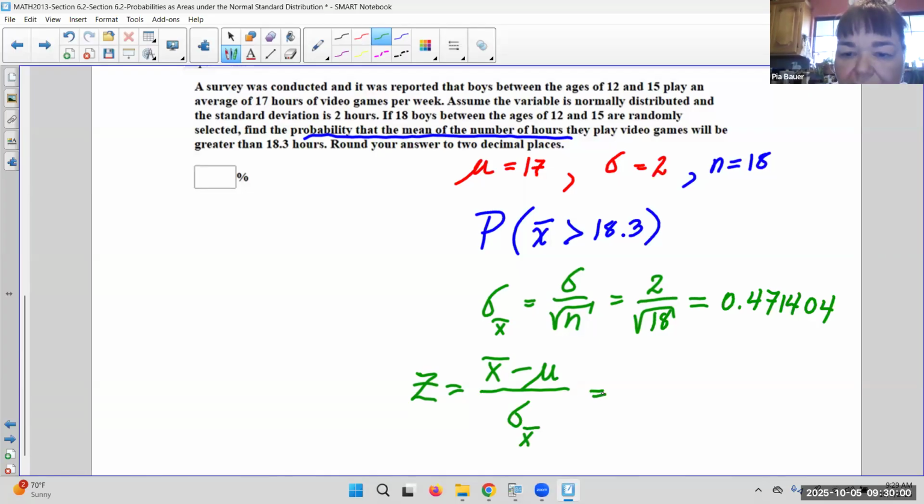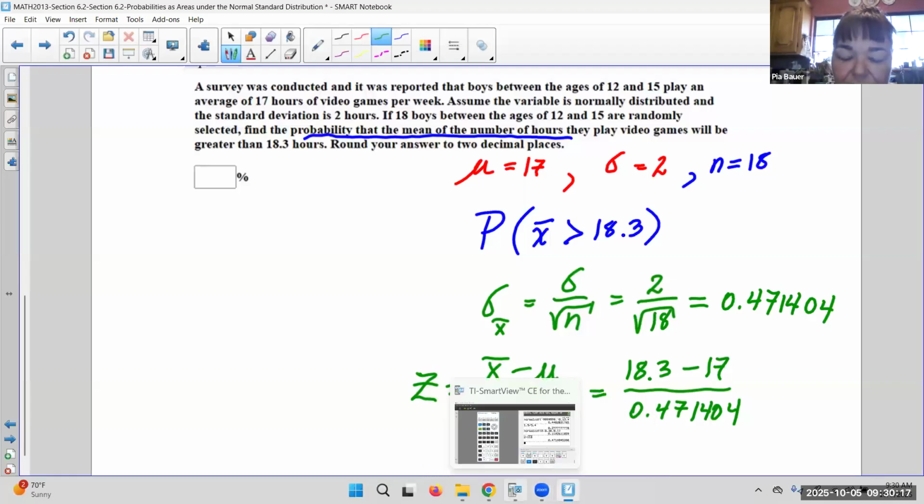So X bar will actually be 18.3 minus mu, which is 17, then divided by that 0.471404.